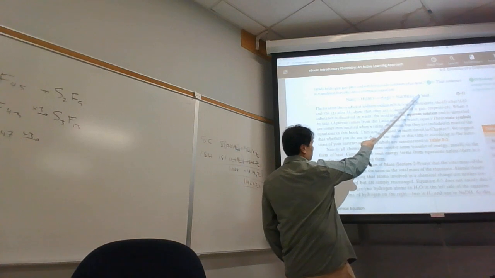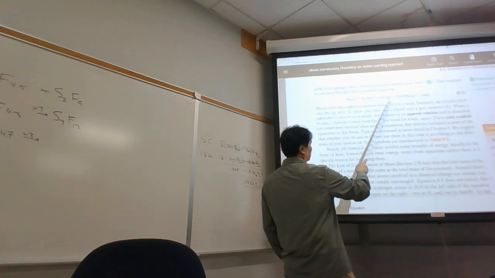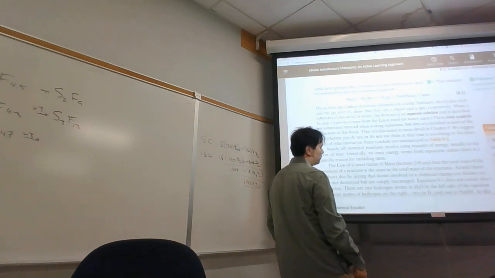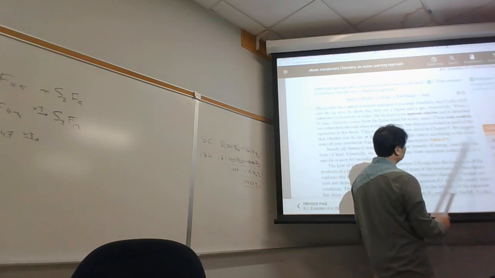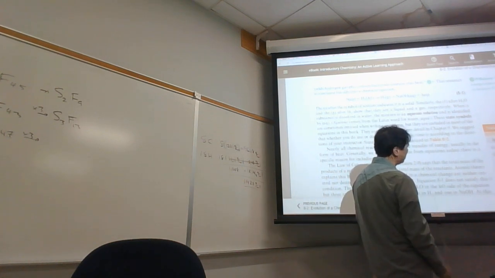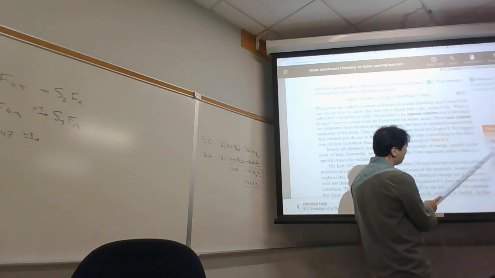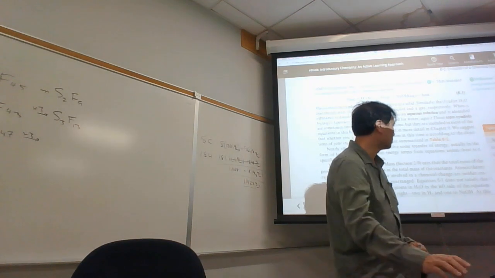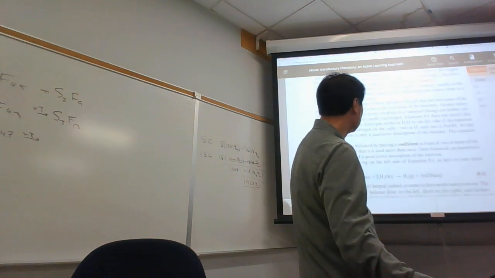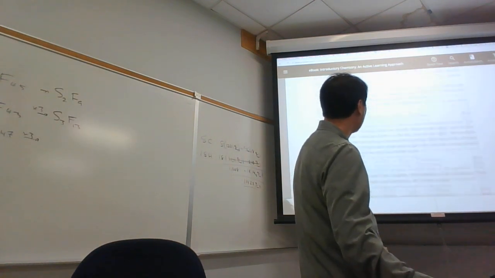Oftentimes we don't put the energy, so we just balance the mass, but not necessarily the energy, because we don't have the number here for that. The numbers vary. So S is for solid, L is for liquid, G is for gas, AQ is aqueous, dissolved in water. And then we balance it.